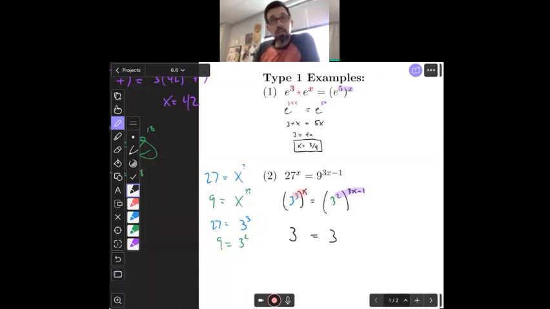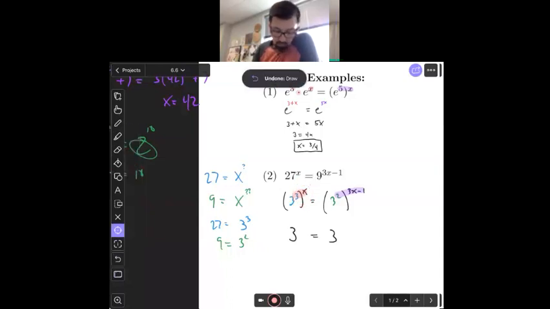So what happens on that left side? Caleb, what happens there? Wesley, what happens here?